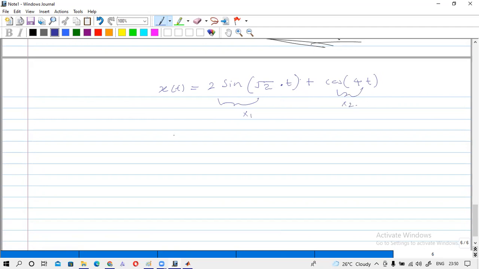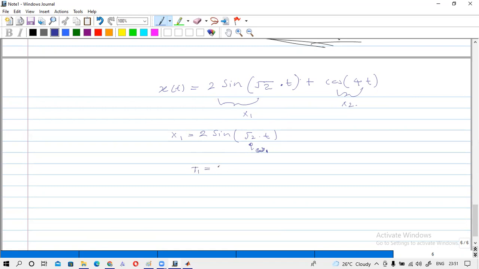So x1 is equal to 2 sine root 2t. So this is the first signal. So this is omega, no? This is omega 1 actually, the angular frequency for the first signal x1. So what is T1?